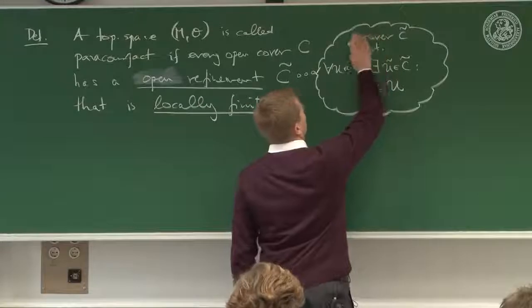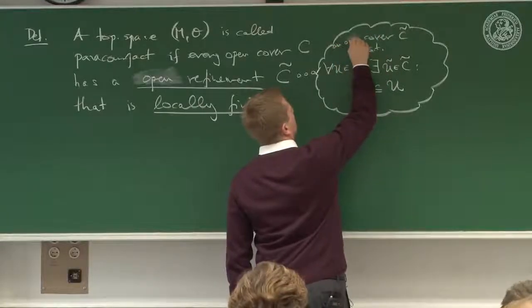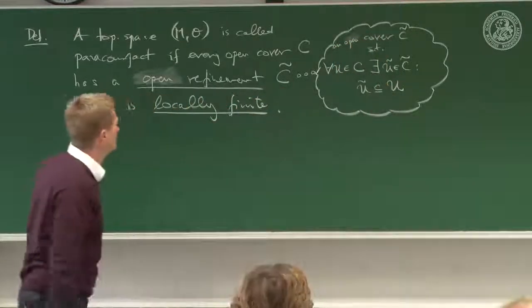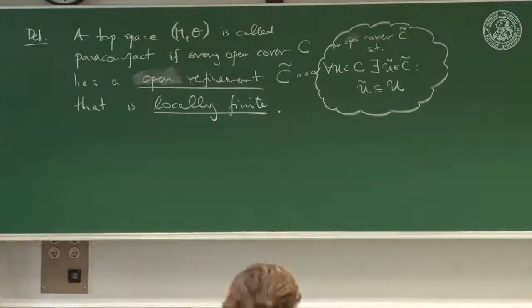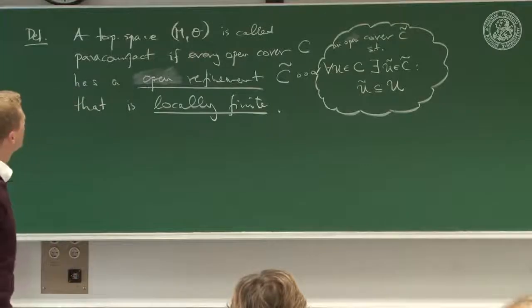It's again an open cover, so it's a cover consisting of open sets. We're only considering open covers here. If I write cover without open, I always mean an open cover.